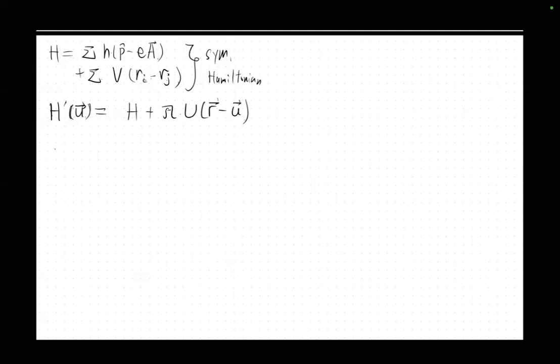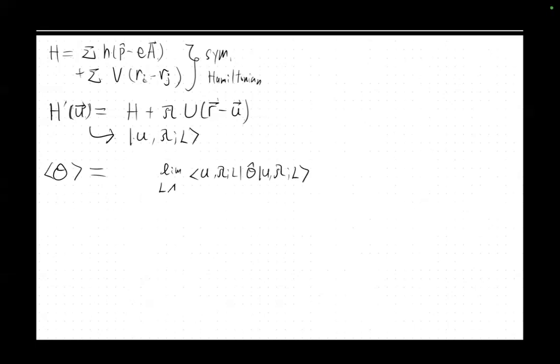So, for example, if I want to compute an order parameter, what I do is first, from this Hamiltonian, get the ground state, which I'll label as u, lambda, and then the system size L. And then any order parameter I can compute by computing the expectation value at finite lambda, L, and u, and then first take the limit of L going to infinity, and then take the limit of lambda going to 0.